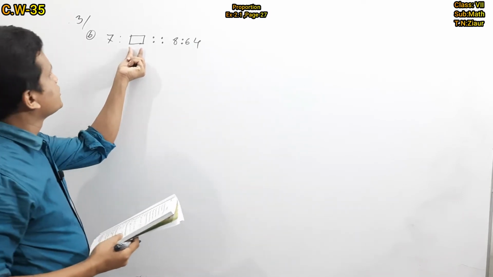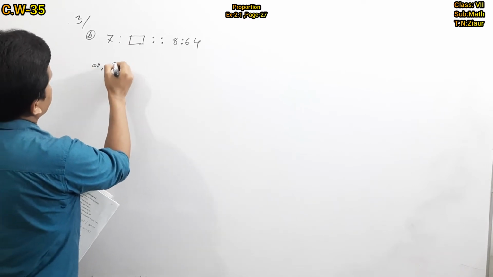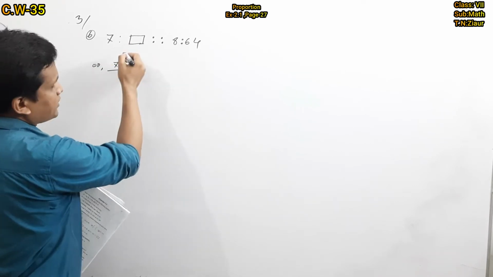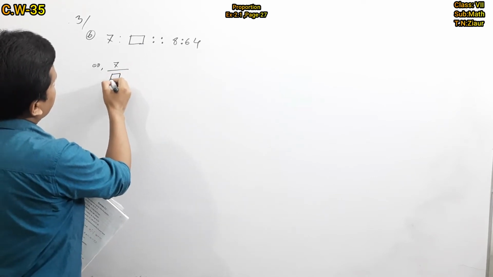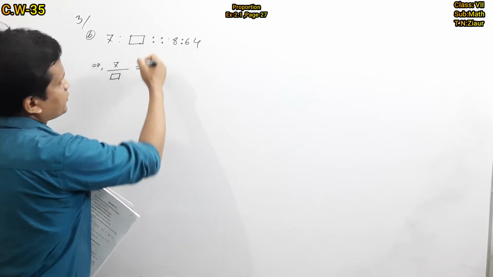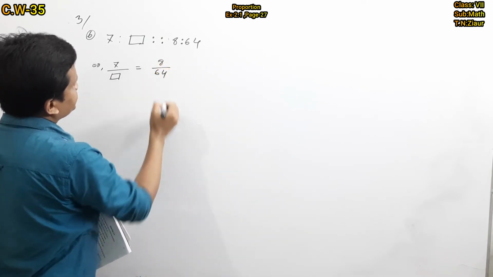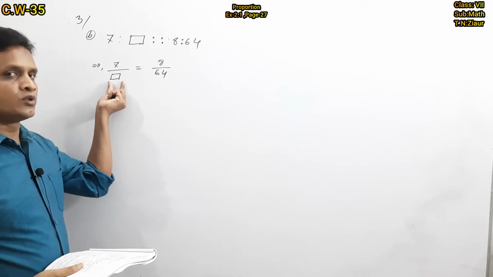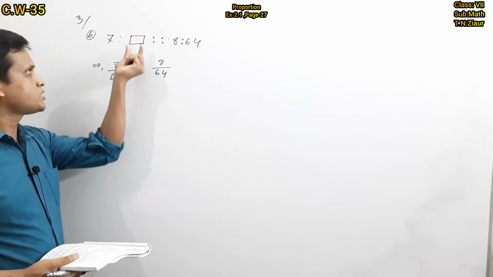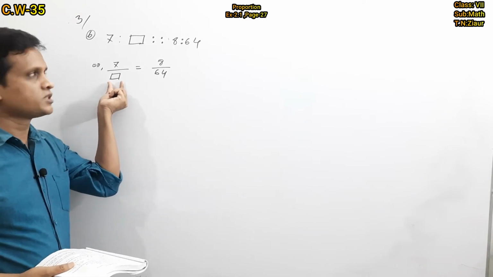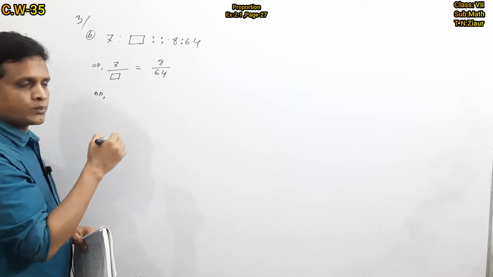Second quantity. So we can write this ratio as a fraction, right? Like this: instead of this proportion we can write the equal sign, so 7 by the gap equals 8 by 64. Since we are finding the value of the gap, this one is the second quantity. Now we will do the cross multiplication.